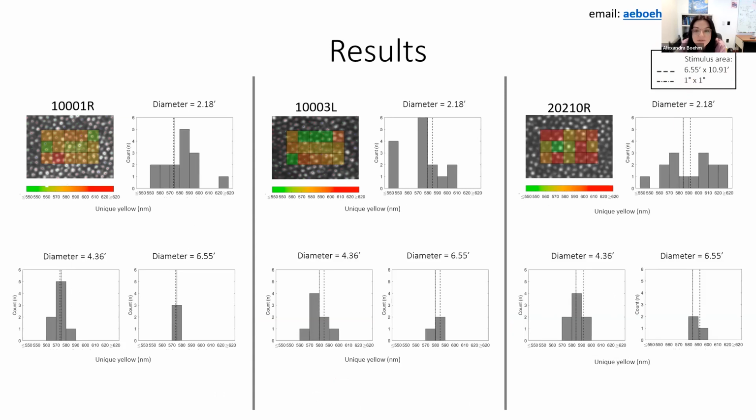And here I'm showing the frequency histograms for the 4.36 and 6.5 diameter square stimuli, showing that there is still some variability at these sizes in unique yellow estimates, though it is much reduced compared to the smaller stimulus size.